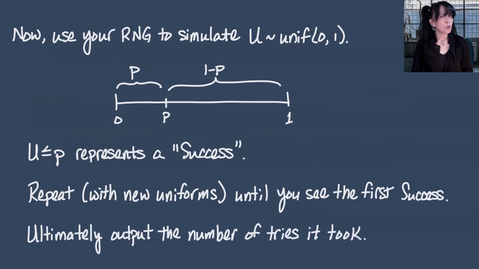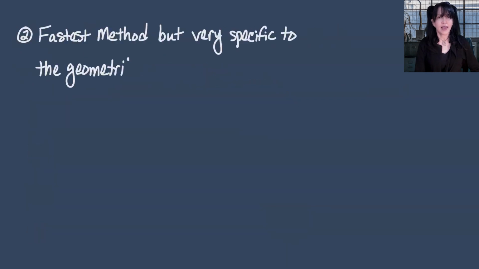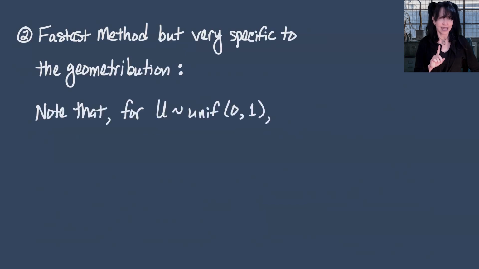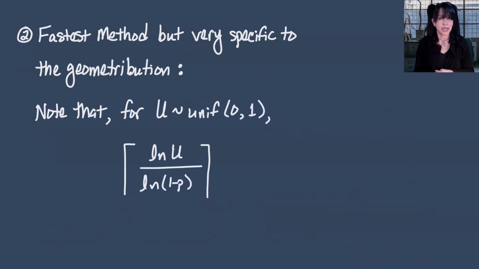So I have one more approach, which is very specific to the geometric distribution, but it's super cool and slick and fast and does only require a single uniform. And this is for you to note that if capital U has a uniform 0, 1 distribution, so this is still a random variable here and not output from a random number generator that has been observed, then if you form a quantity out of this, which would be the natural log of u over the natural log of 1 minus p, and then put the ceiling function around this.